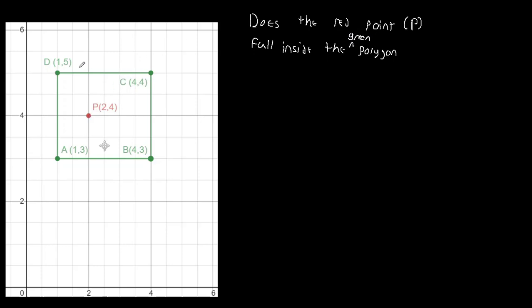Is this point inside of this square? Now, visually, this is immediate. Well, of course it is. But how does a GIS system figure this out? And that's what we're going to go through in this video.